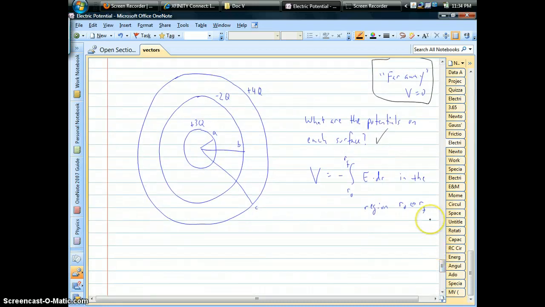So here goes. With Gauss's law, we can find out electric fields pretty quickly. We have a few different regions here, so if we're between the small one and the middle one, we can just go ahead and say with Gauss's law there's a plus 3q. If we're in this region, in between the middle and big balls, there's going to be an electric field there. Now we have a negative 2q and a 3q in that region.